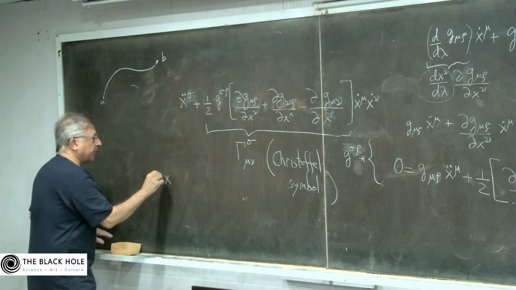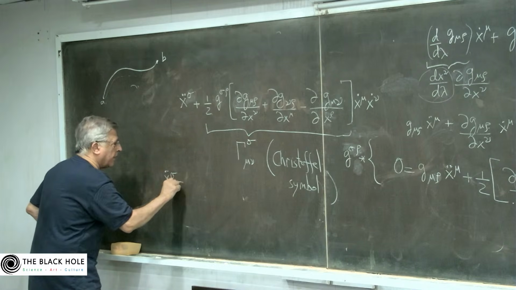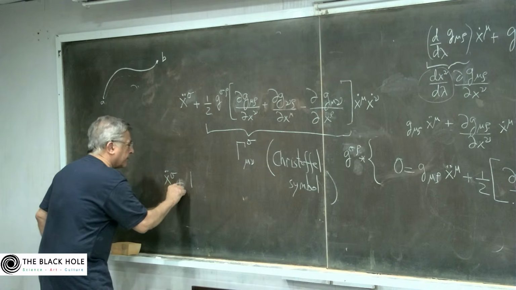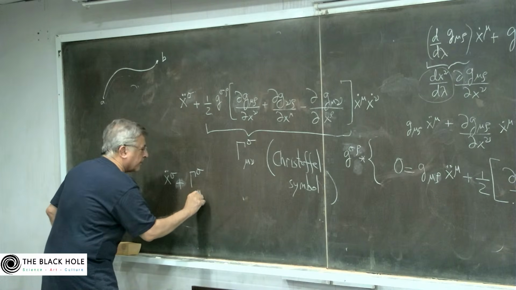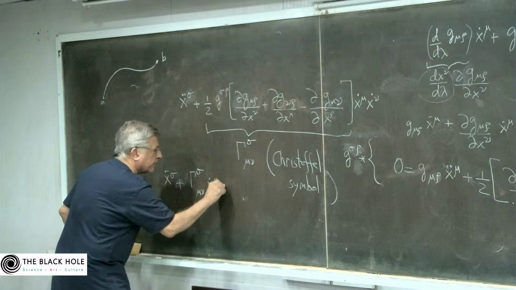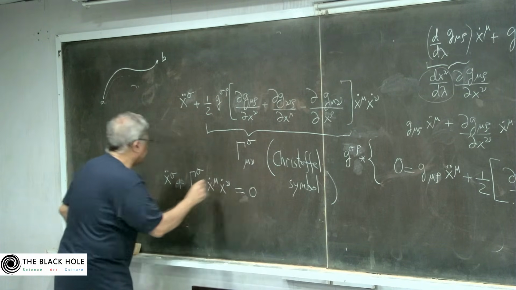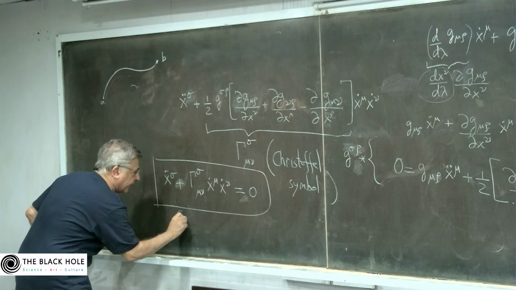So the final form is this. This is called the geodesic equation.